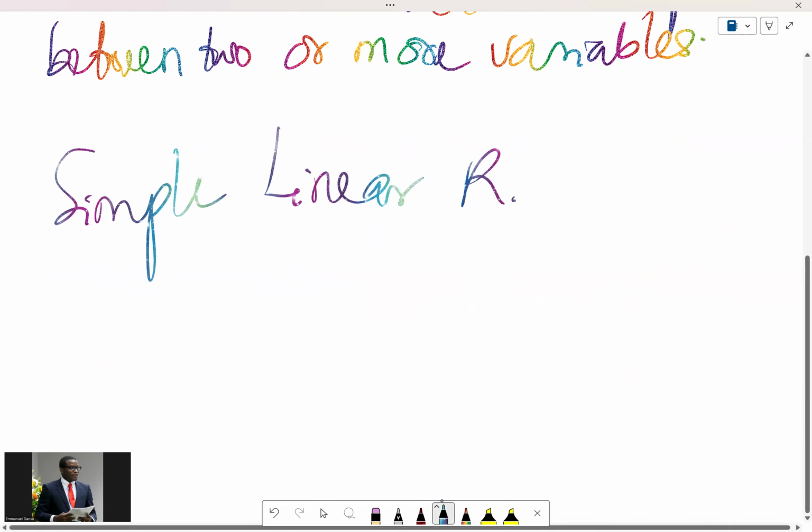We can say we fit the data to a simple linear regression.